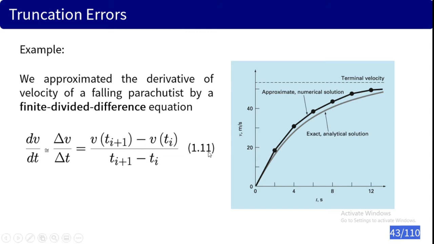We derived equation 1.11 by projecting lines to represent delta V and delta T, which is an approximation of the derivative of the velocity with respect to T. So we got this equation, and this equation is an approximation, called the finite divided difference approximation equation. Here below is the exact solution, and above is the plot of the numerical solution. We see discrepancies between the two plots, or the answers of the two methods. The differences in their values are called truncation errors.